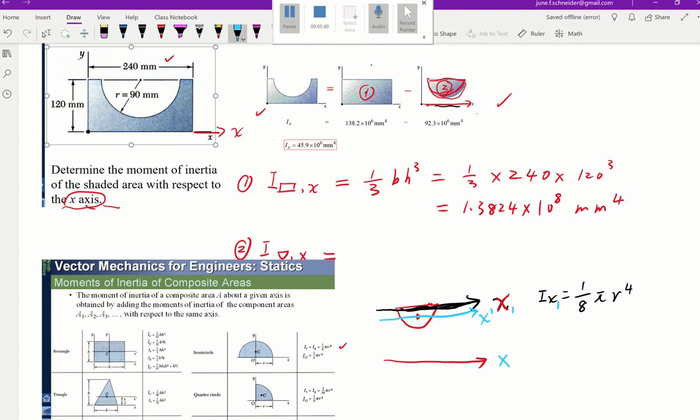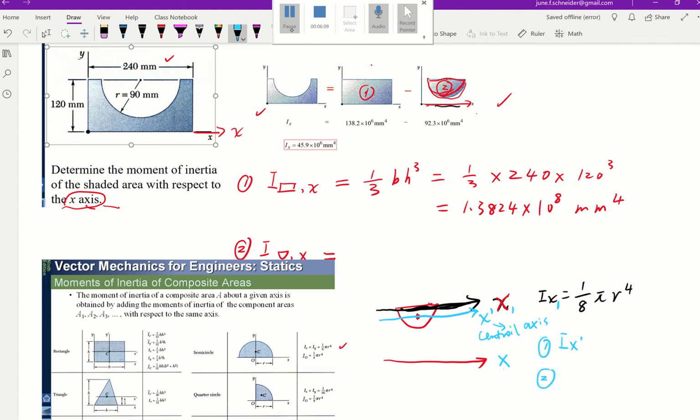So here's our logic. In order to find Ix, we need to find Ix prime, which is the centroid axis. Make a note: x prime here is the centroid axis, because we can only use the parallel axis theorem when we know the moment of inertia regarding the central axis. So the first step is we need to find that.